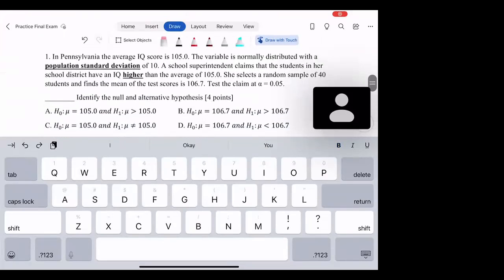In Pennsylvania, the average IQ score is 105. The variable is normally distributed with a population standard deviation of 10. A school superintendent claims the students in her school district have a higher IQ than the average. She selects a random sample of 40 students and finds the mean of the test scores as 106.7.